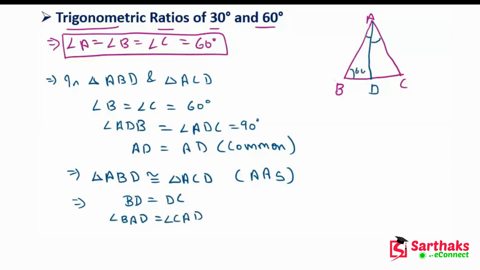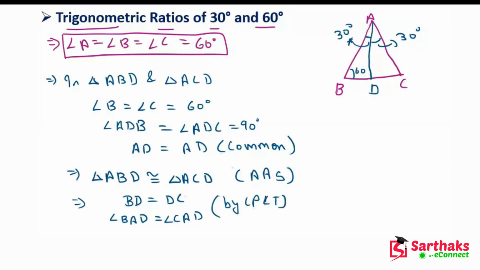So this is 60 degree and it will become 30 degree. So this is also 30 degree. My dear friends, I hope you understand how we are doing this and why. Because we have to prove that this angle is 30 degree. This is by CPCT, means corresponding parts of congruent triangles.